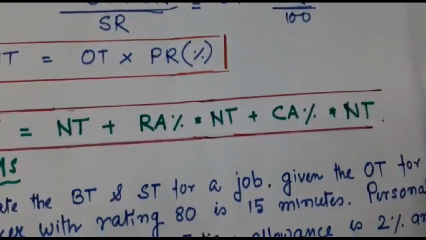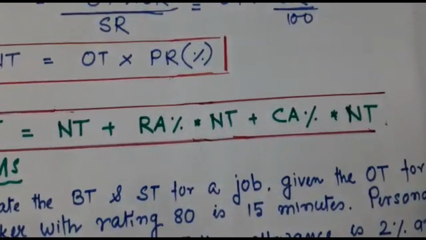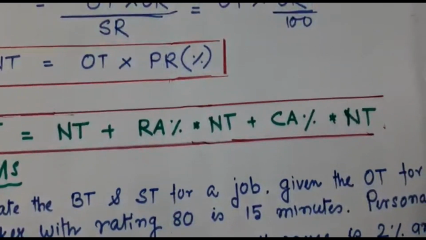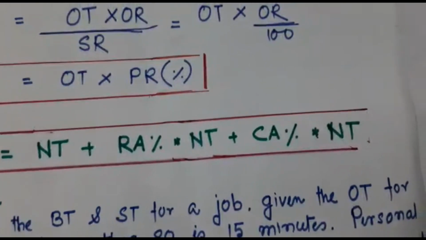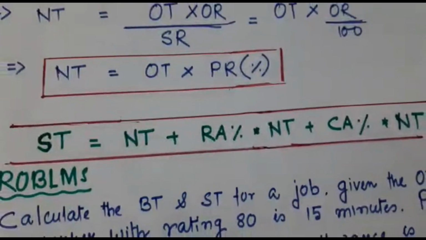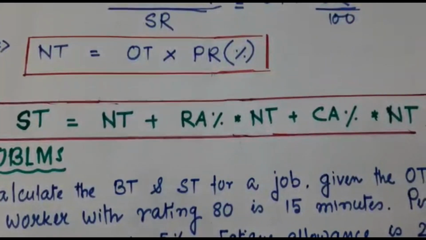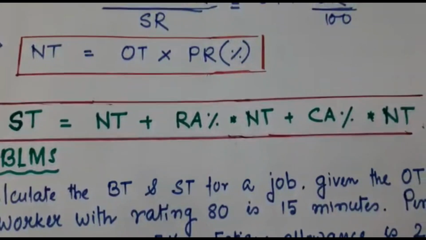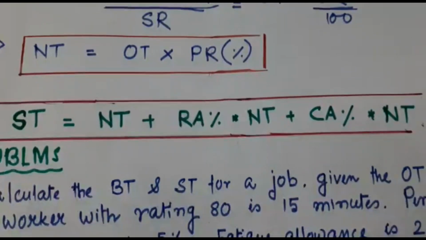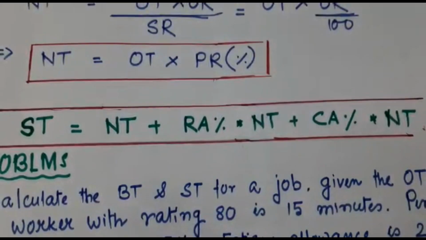So if we add normal time, the relaxation allowance as a percentage of normal time, and the contingency allowance as a percentage of normal time, we get the standard time. So standard time is the time taken by a qualified worker to complete a job when the relaxation allowance and the contingency allowance are taken into consideration.